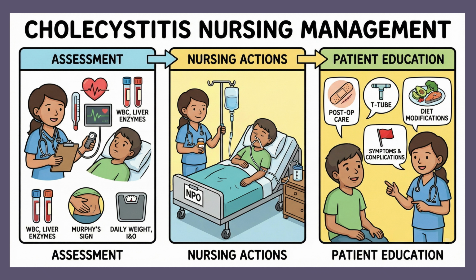Abdominal assessment focuses on distension, bowel sounds, and the presence of Murphy's sign, rebound tenderness, or guarding.